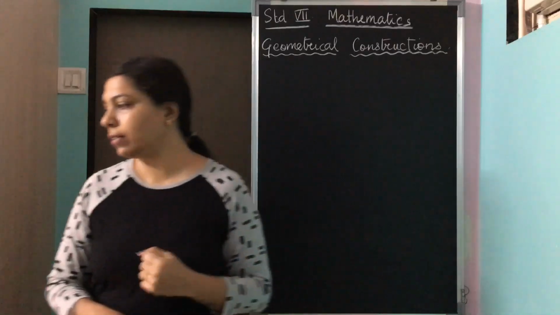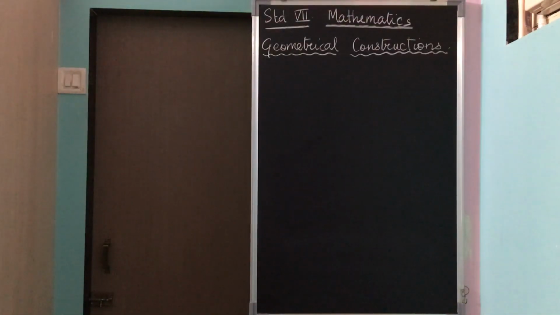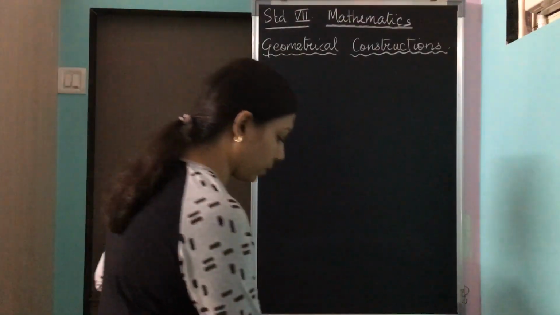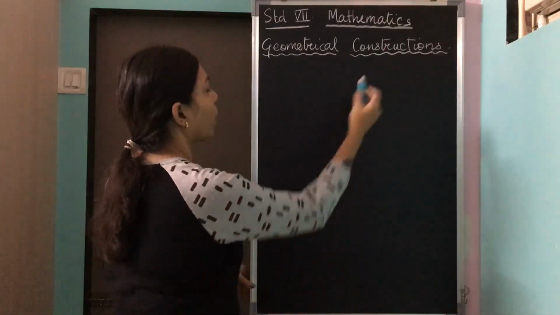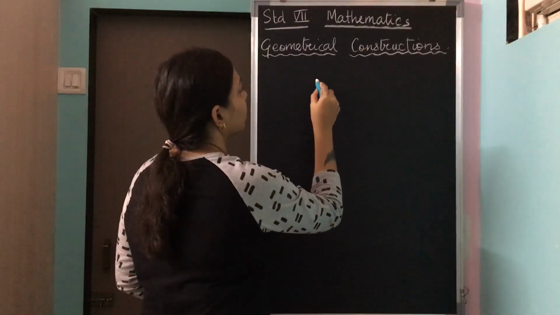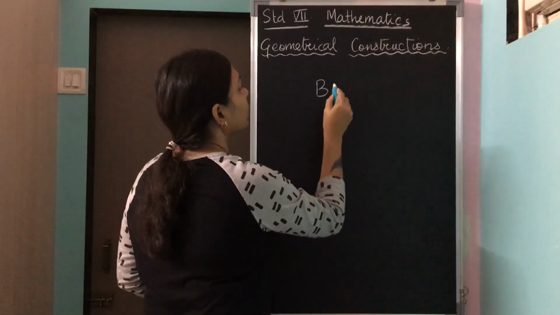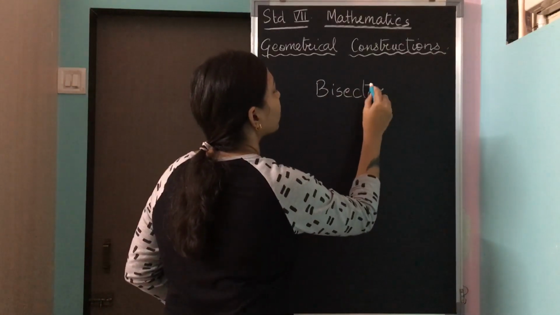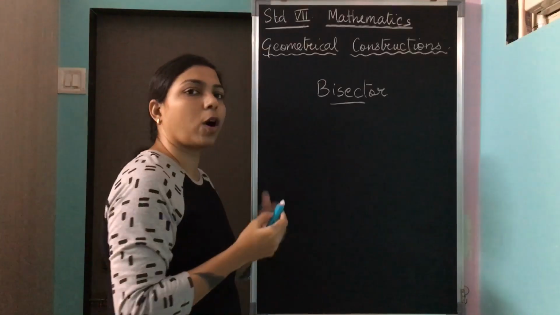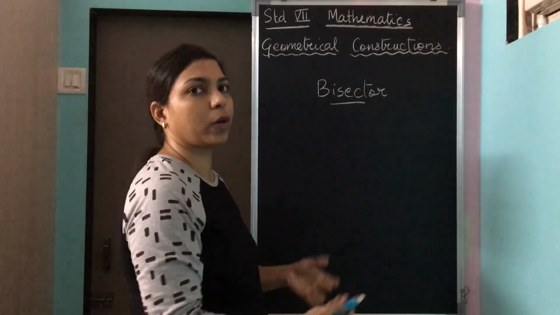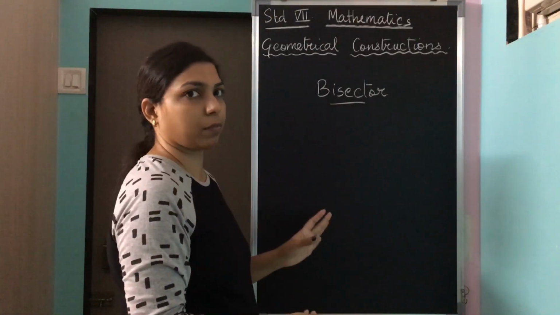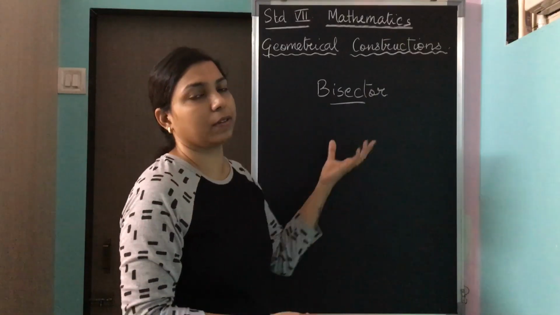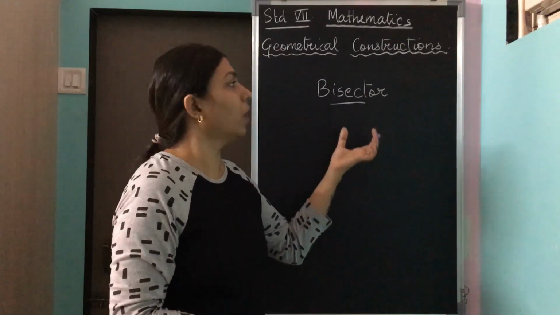First, let me make you understand certain things. This word is what you will be listening to again and again in this chapter. Now, what is this word? This word is bisector.